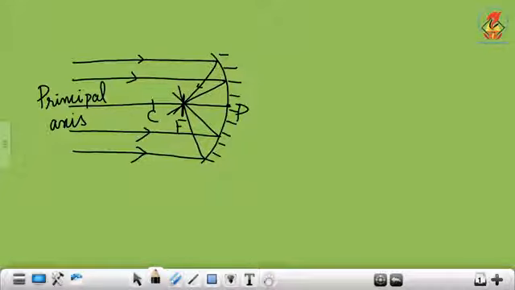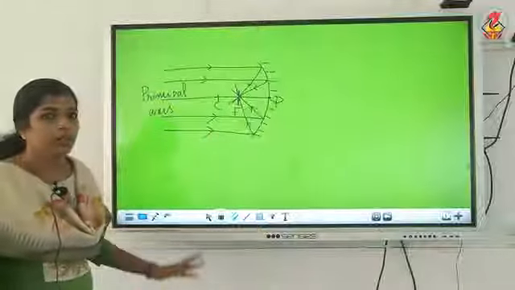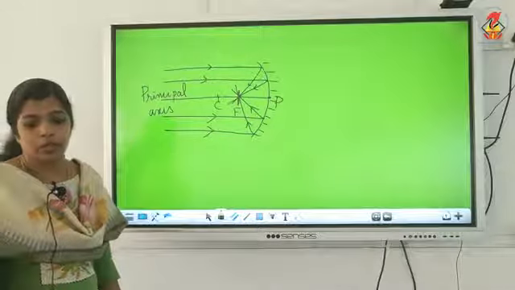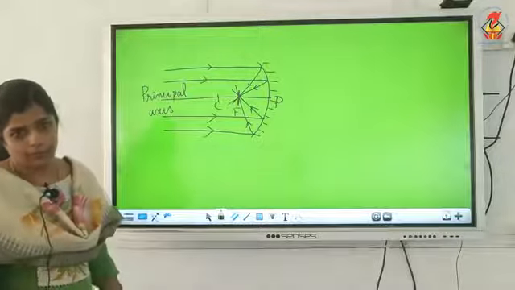So, this one is a reflected ray, this one is a reflected ray, and so on. All the reflected rays will meet at a point on the principal axis and that point is known as the principal focus of the concave mirror.